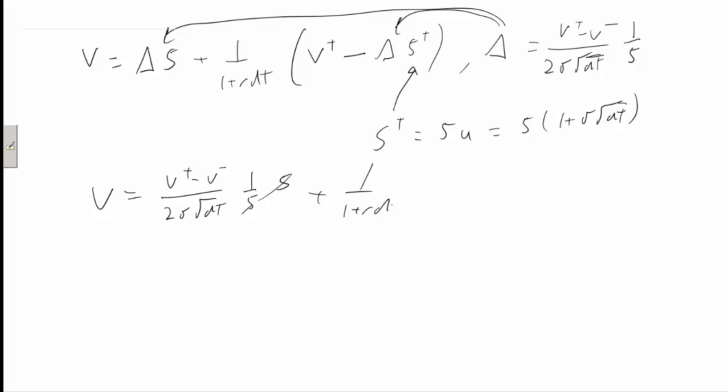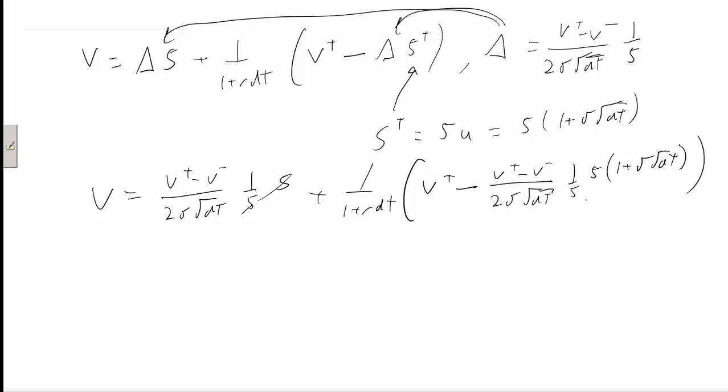Plus time value of money piece times V plus minus our delta, 1 over S, and S plus is going to be S times 1 plus sigma root dt.